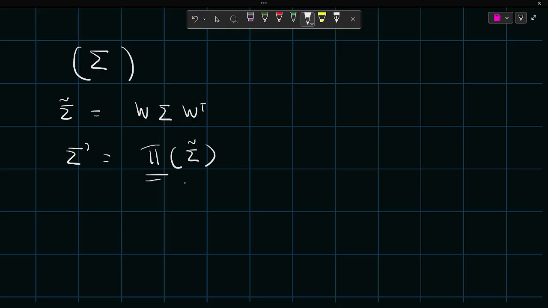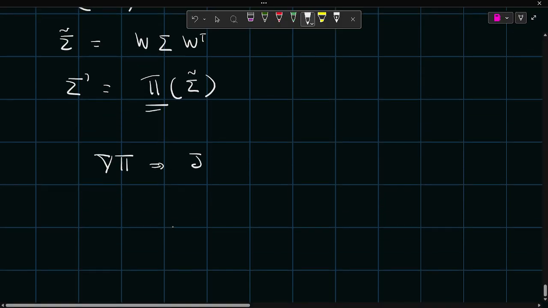So what they do is they take the Taylor expansion of the perspective projections. That gives a Jacobian matrix, which is basically the differential of the perspective projection. You differentiate the perspective projection, and that you multiply with the sigma.